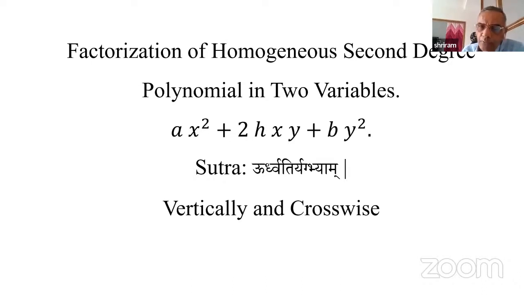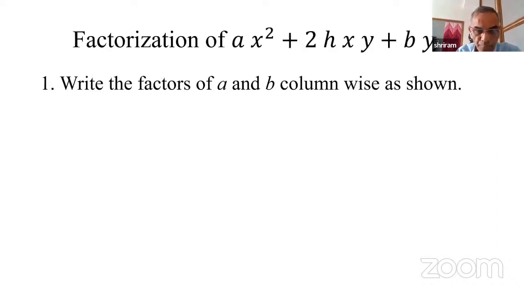The same Urdhva Sutra is applicable. Those who are familiar with such equations will know that these equations are always difficult to factorize. But let us see what happens with Urdhva.